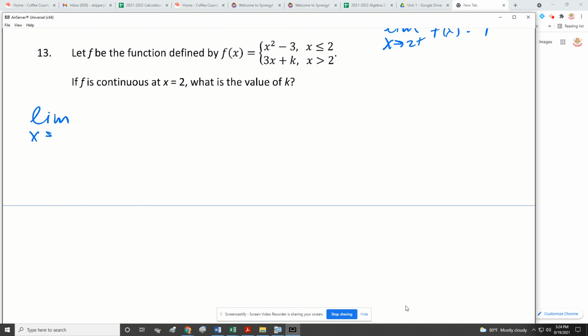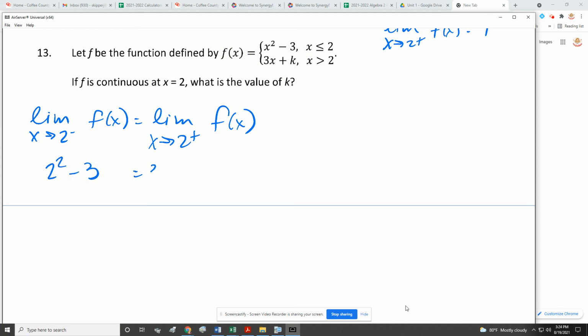So for the function to be continuous at x equals 2, the limit as x approaches 2 from the left must equal the limit as x approaches 2 from the right. And we'll just do direct substitution by plugging 2 in for x. So it's going to be 1 there and 6 there. So to me, it looks like k is going to be -5.